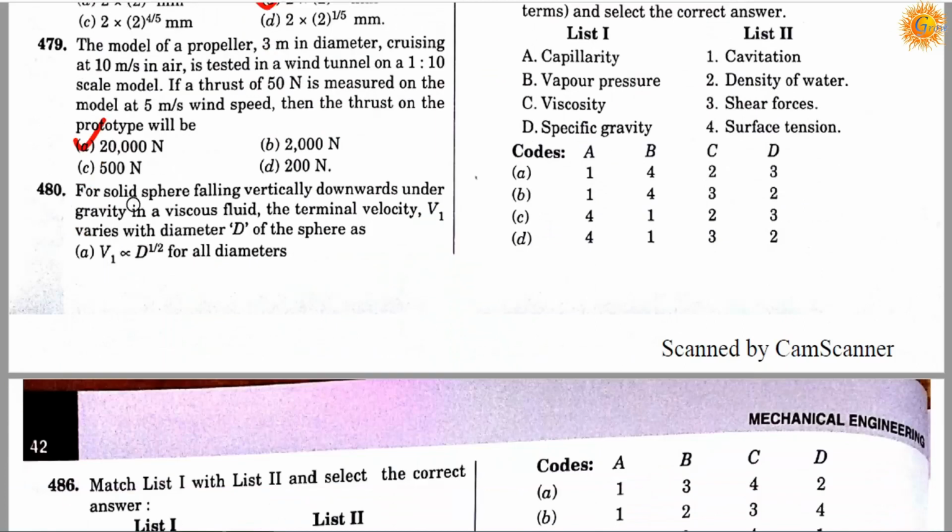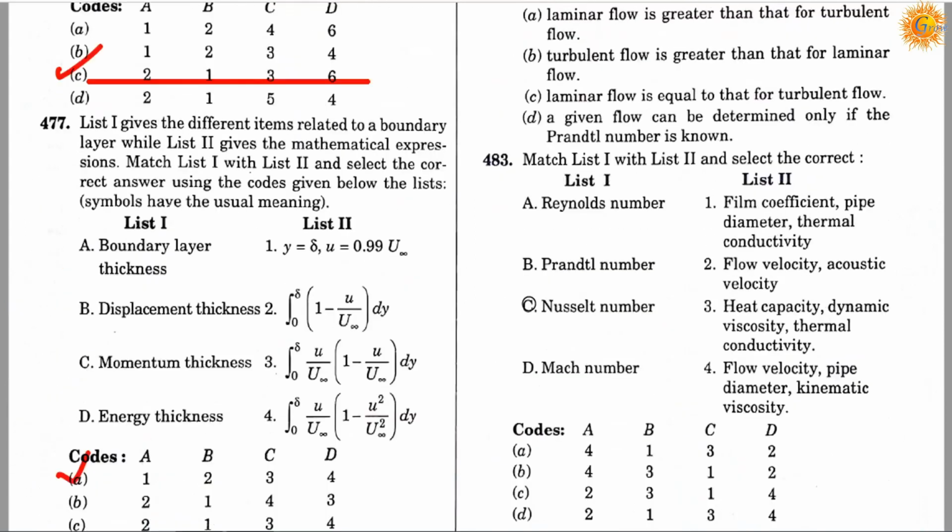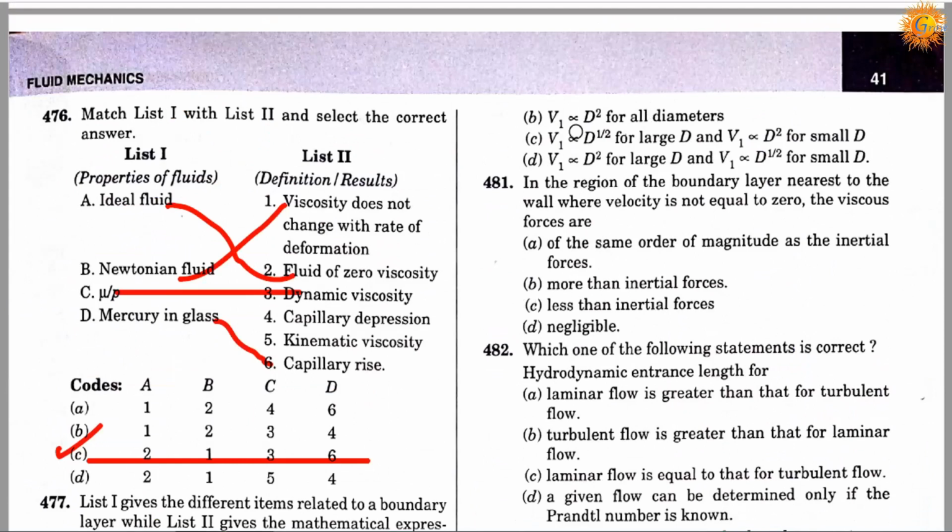Question number 480. For a solid sphere falling vertically downward under gravity in a viscous fluid, the terminal velocity v1 varies with the diameter D of the sphere as: option A, v1 is proportional to d power half for all diameters; option B, v1 is proportional to d square for all diameters; option C, v1 is proportional to d power half for large d, and v1 proportional to d square for small d; and option D, v1 is proportional to d square for large d, and v1 proportional to d power half for small d.